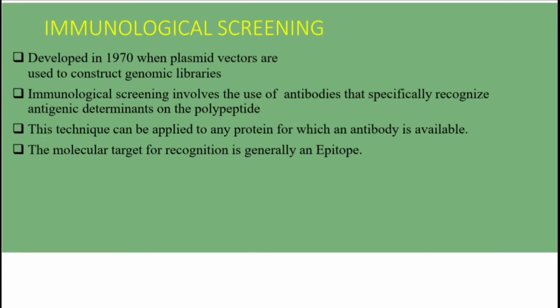It was first carried out in 1970 when plasmid vectors were used to construct the genomic libraries. Immunological screening involves the use of antibodies that specifically recognize antigenic determinants on the polypeptide. This technique can be applied to any protein for which an antibody is available. Okay, the molecular target for recognition is generally an epitope.